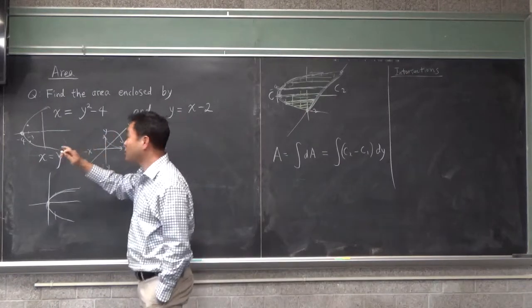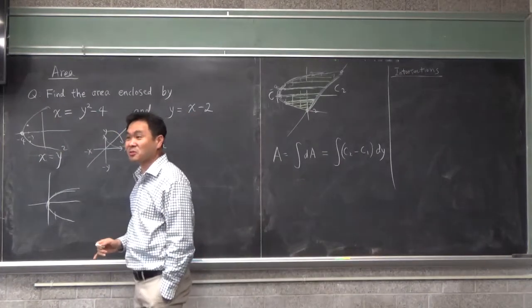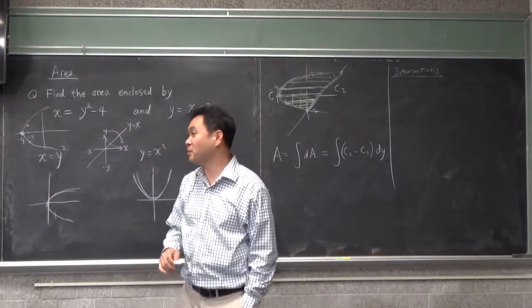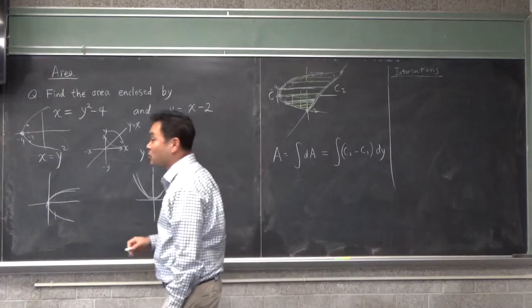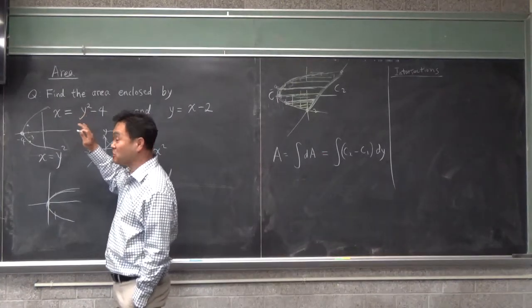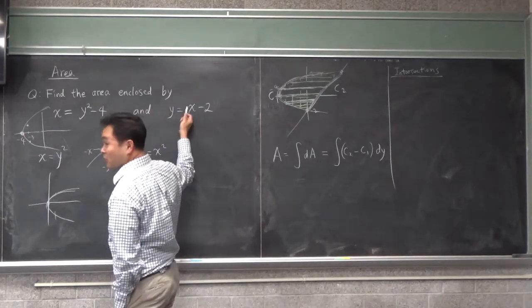Now, first of all, if you just say y squared minus 4 equals x minus 2, that doesn't work because it's not an equation of a single variable. So it's really solving a system of equations, right? You're looking for a pair of numbers x and y that satisfy both equations.